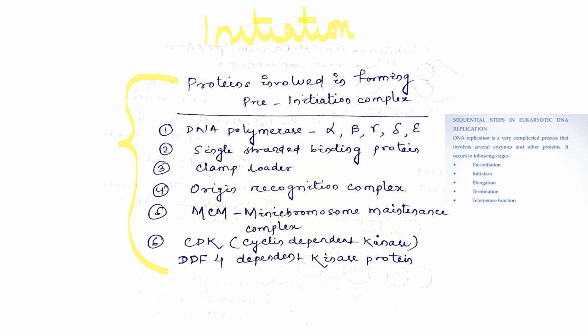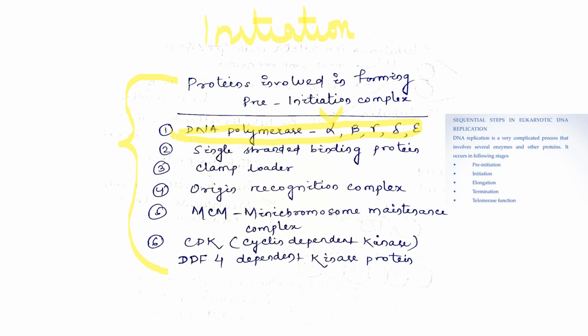One is DNA polymerase. We require DNA polymerases during initiation and elongation. First is alpha, which is actually the primase required for the addition of primer. Then DNA polymerase beta, required for the repair of DNA after replication.